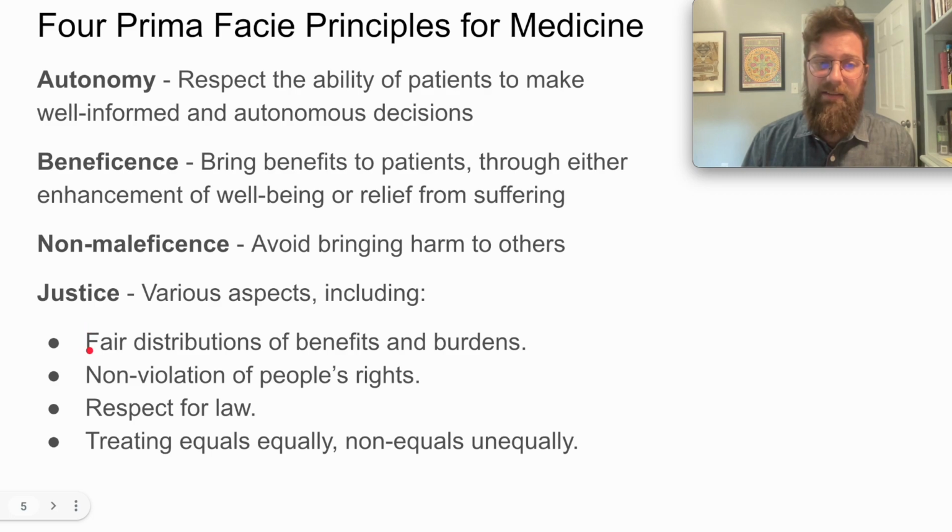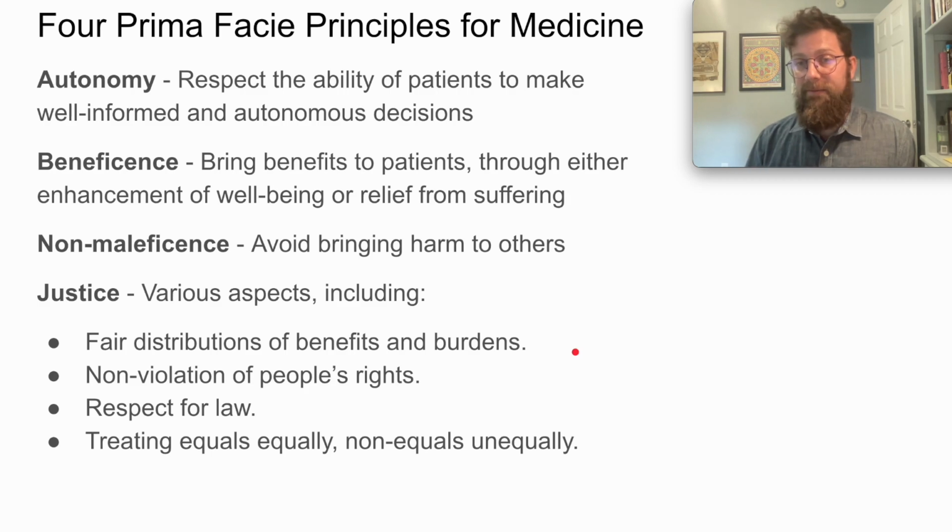Would it really be a fair distribution of benefits and burdens if we gave one patient, say, the vaccine that everybody wants early, letting them cut in line? Well, we might think there's beneficence there, but on the other hand, there's injustice in the situation, pulling us in the other direction. So a big part of what is interesting and important about these four prima facie principles of medicine is that they give us a way of making sense of difficult decisions.